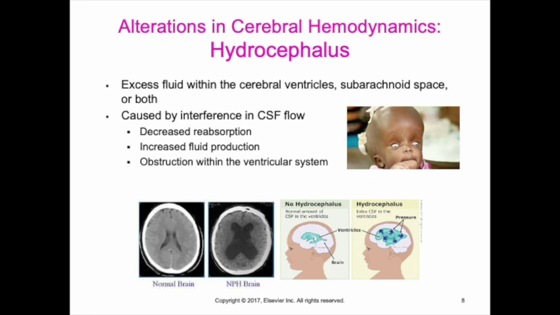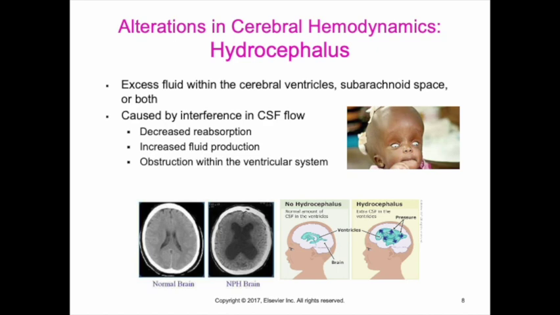It can also be in the subarachnoid space or both. With hydrocephalus, you're going to have interference with CSF flow that's caused by increased fluid production, or obstruction within the ventricular system, or defective reabsorption of that fluid. A tumor of the choroid plexus, which helps to generate CSF, can also cause overproduction of CSF.